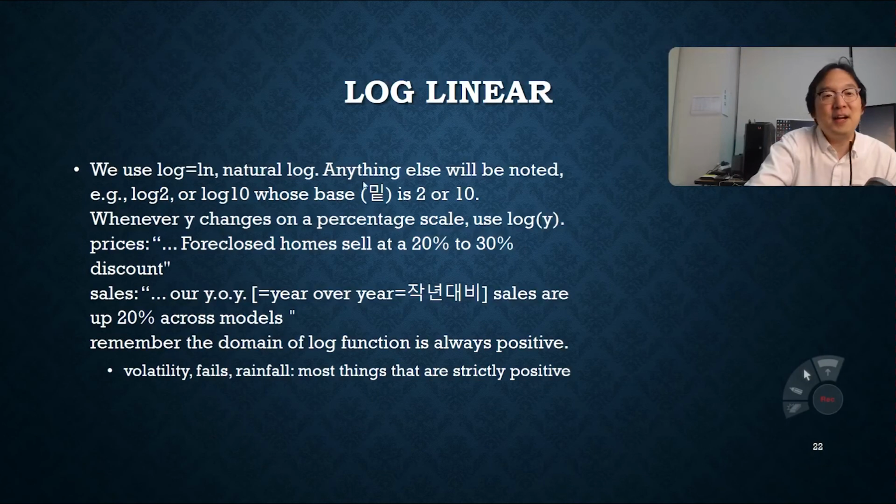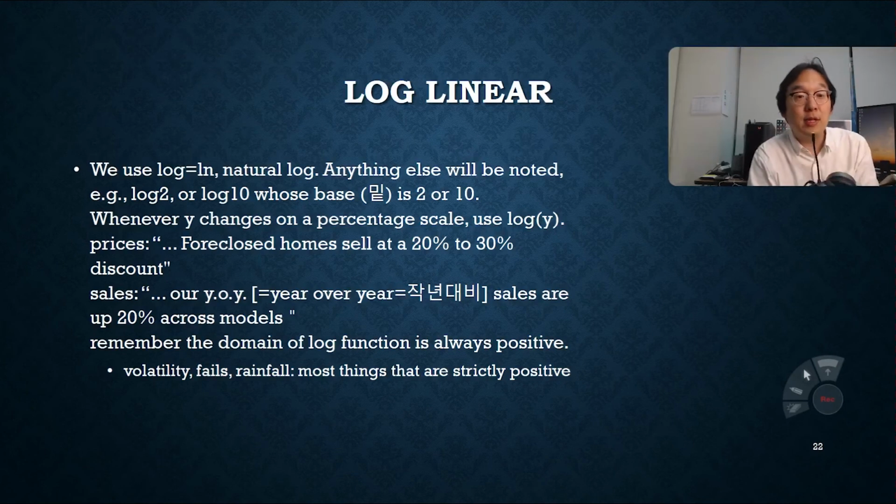Anyway, we use log, ln. I told you about this. Whenever we need log base 2 or base 10, R says log2, log10 for base 2 or 10. And then whenever y changes on a percentage scale, use log of y.